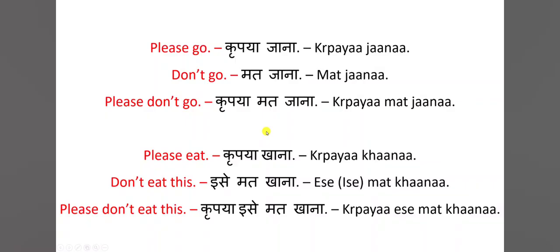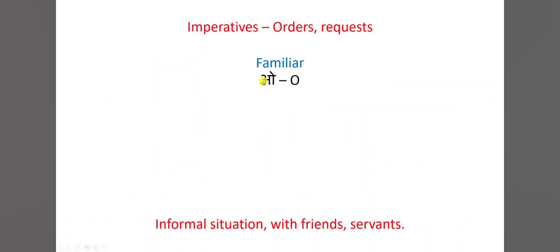Alright? Next, we have the familiar imperative form used generally in informal situations with friends, with servants. Okay? In this familiar version, we add o to the root verb.